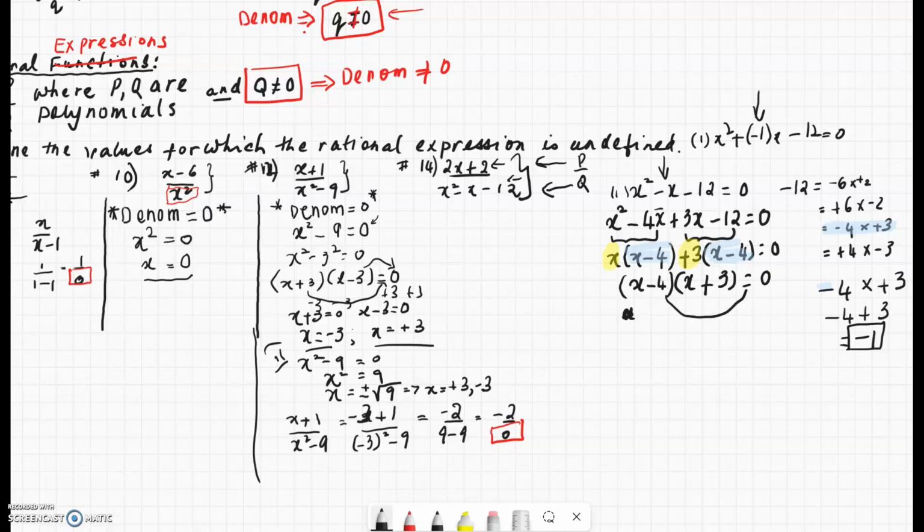Now the zero product rule says either x minus 4 equals 0 or x plus 3 equals 0. Adding 4 on both sides, we get x equals 4. Subtracting 3 from both sides, we get x equals negative 3. So x equals 4, negative 3.